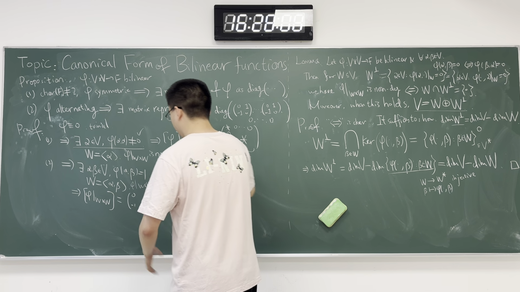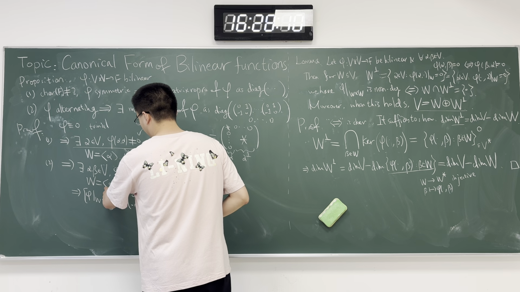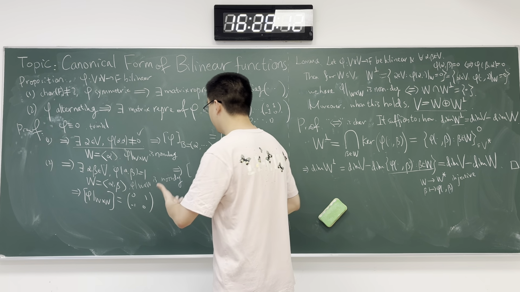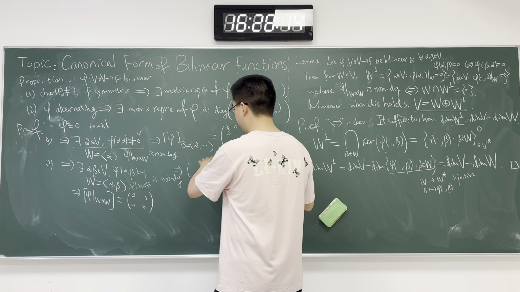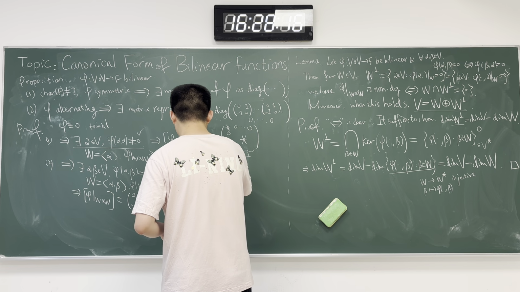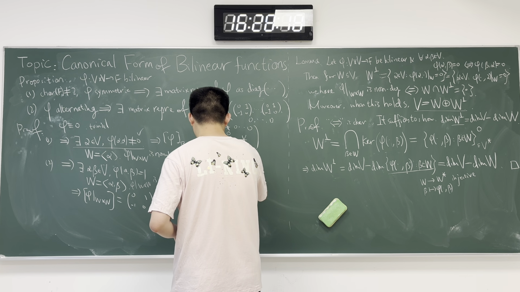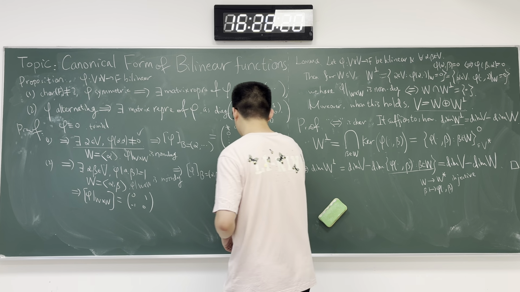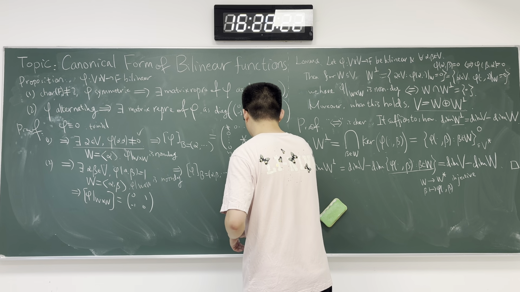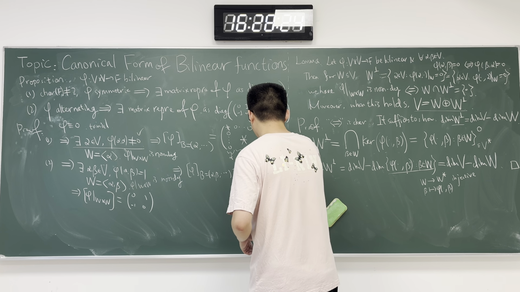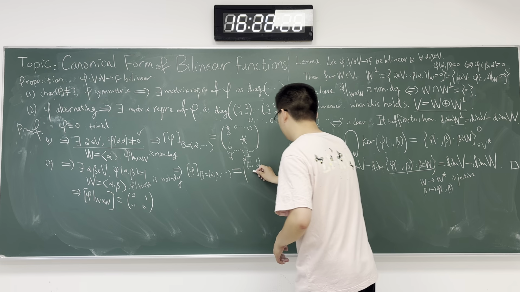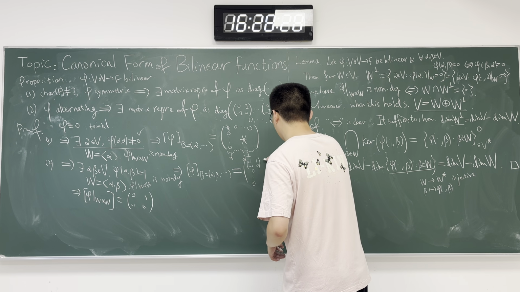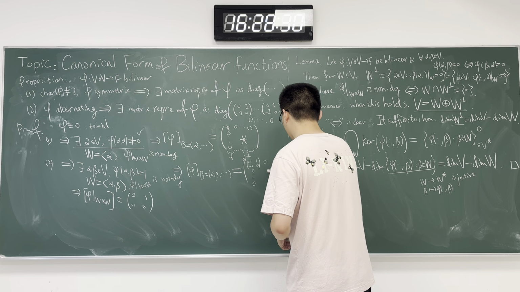Then we will extend the basis alpha, beta to an orthogonal basis of the whole space V. By our lemma, we will have a block diagonal form, with 0 in the remaining block.